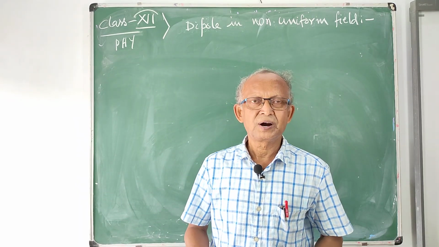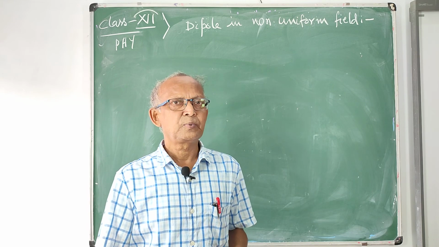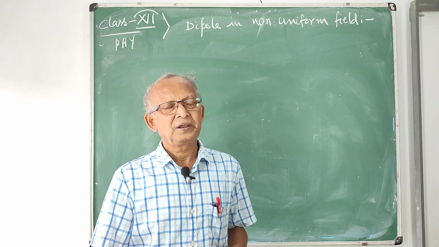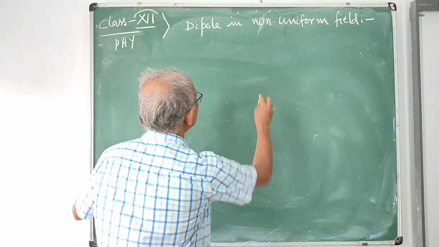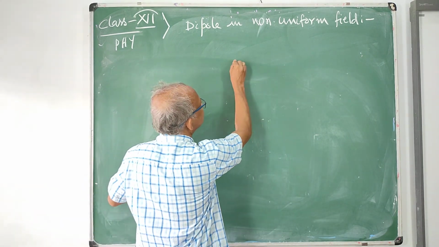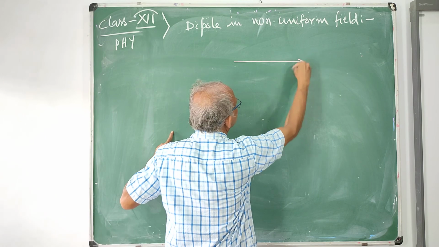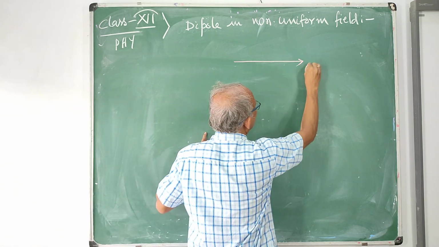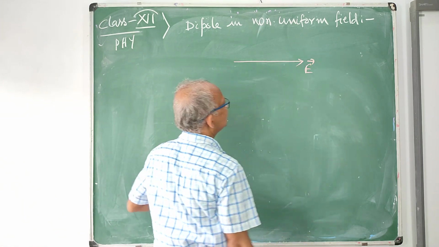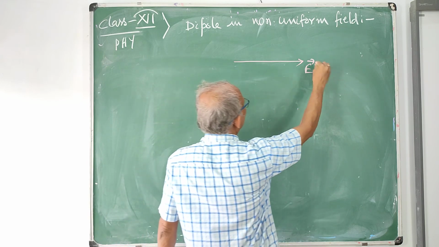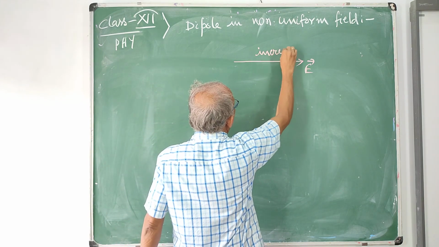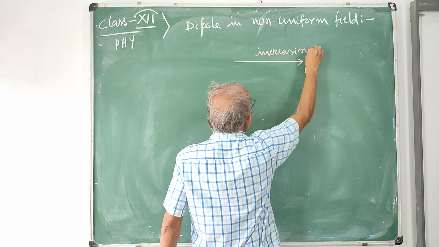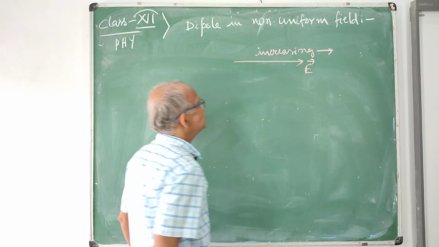So let's see what happens when a dipole is placed in a non-uniform electric field. Let us consider this is the direction of E, and of course increasing rightwards.